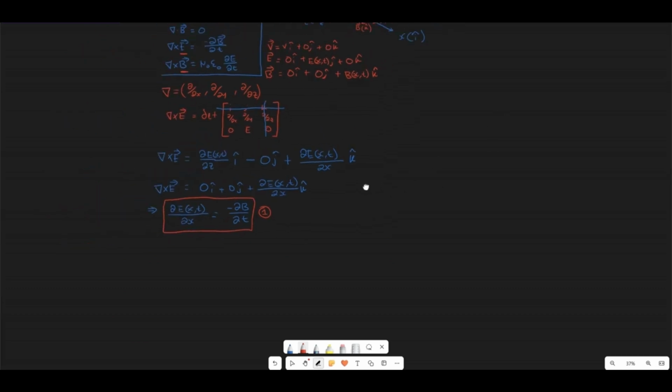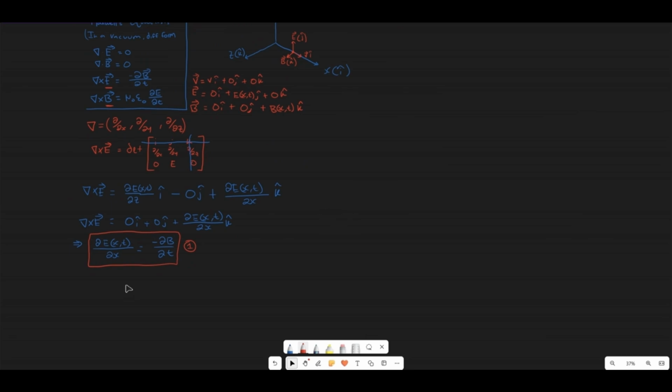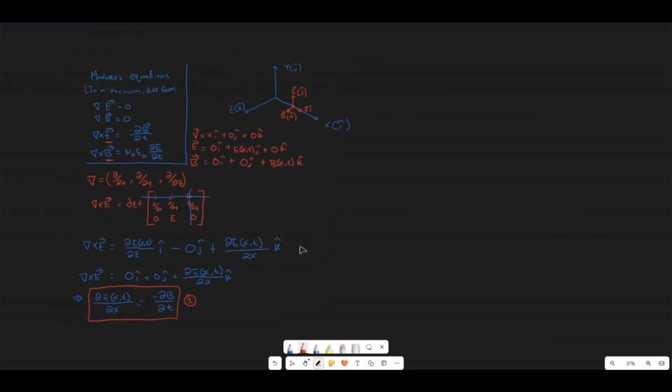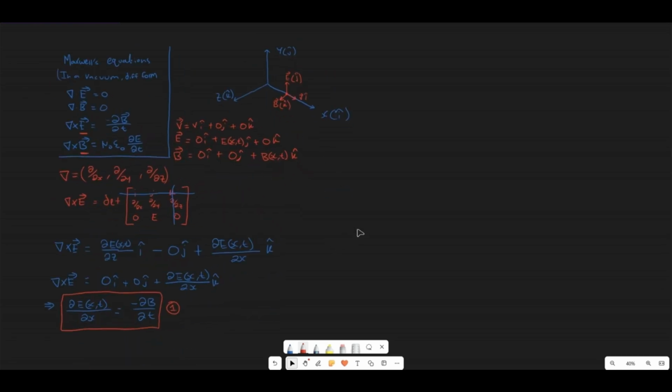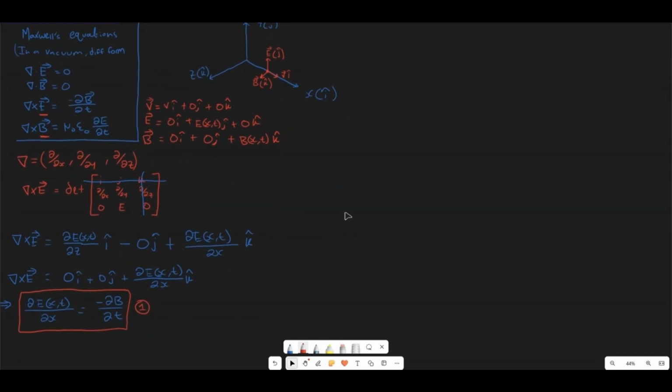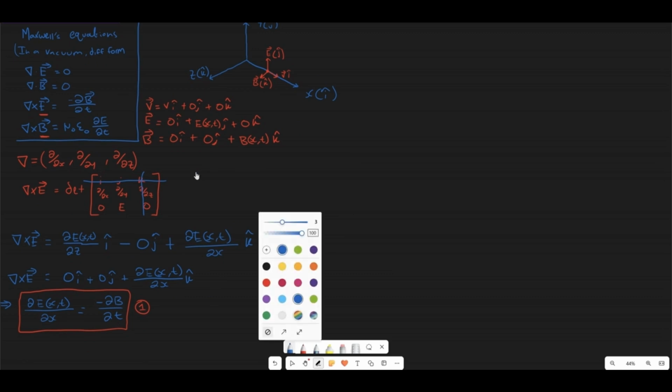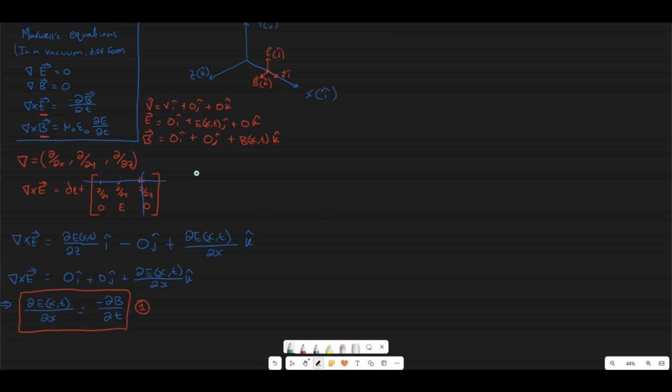Cool. Nice. I'm only calling it that because I don't really know what else we can do further after this. So let's come back and now let's do nabla cross B. I'm going to do nabla cross B in a different color, I'm going to try green.